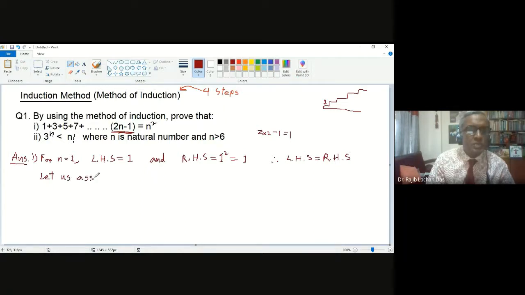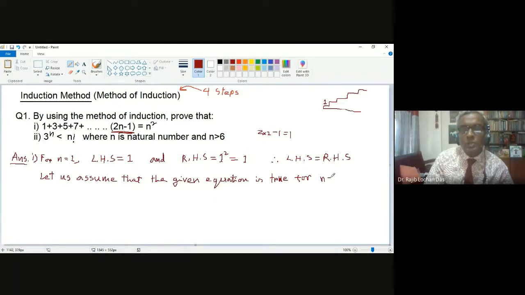assume that the given relationship, or the given equation, or given theory, whatever you say, no problem, the given equation is true or correct for n equal to k.